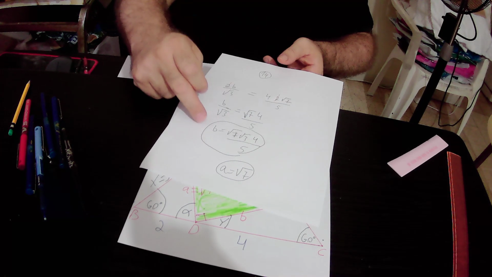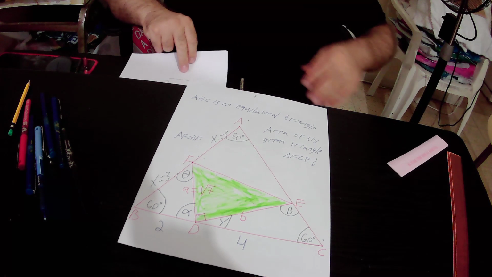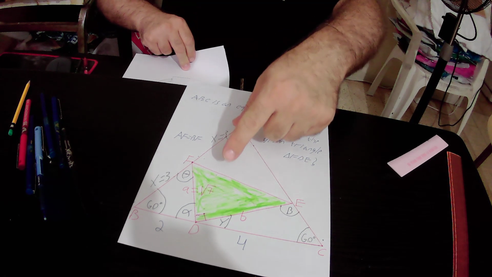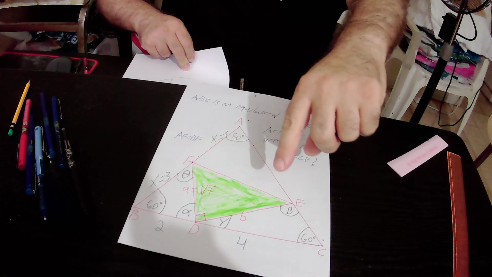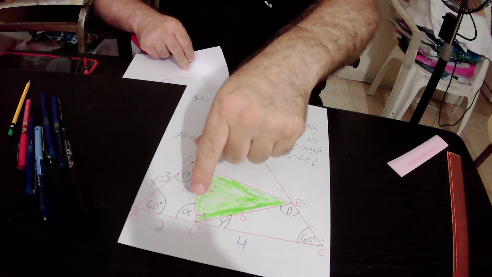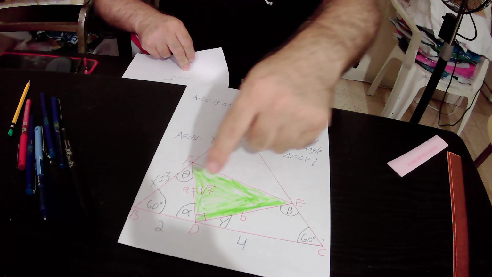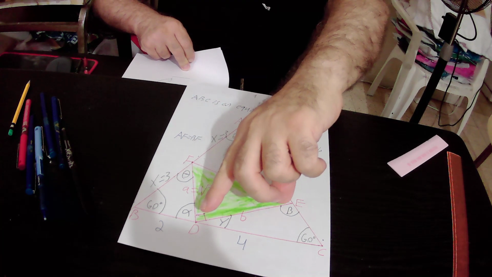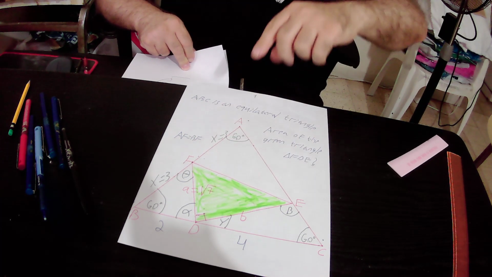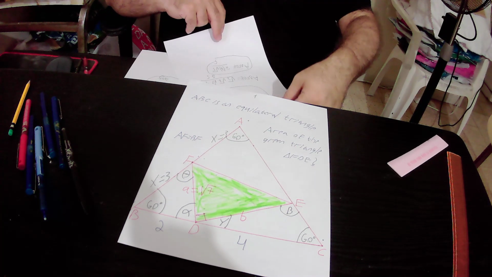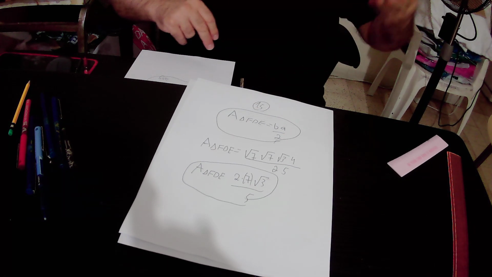So we know the values of B and A, and the area of the green triangle equals the base, that is B, times the height to the base, that is A, over 2. The height creates 90 degrees with the base B, so A is the height and B is the base.